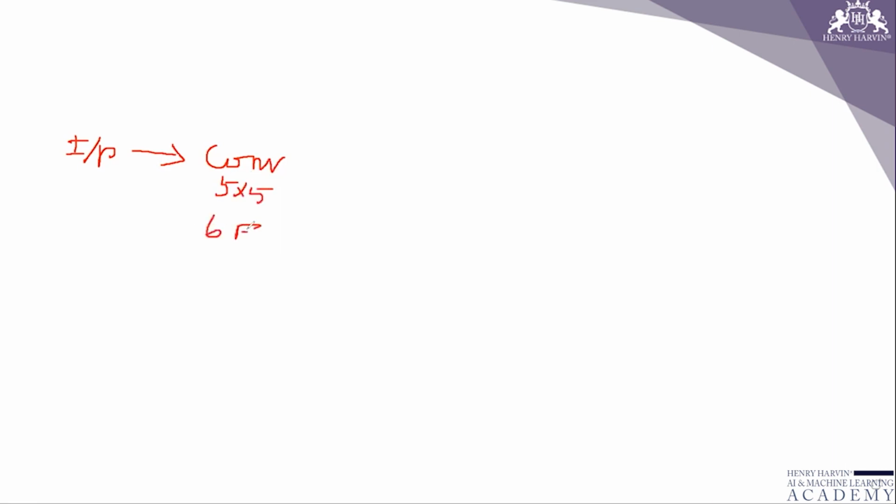I'm writing 6 filters as 6F, and the stride is equal to 1. After that, it goes to maximum pooling. In maximum pooling, pad is equal to 0, I'm writing it as P, and S is equal to 1.